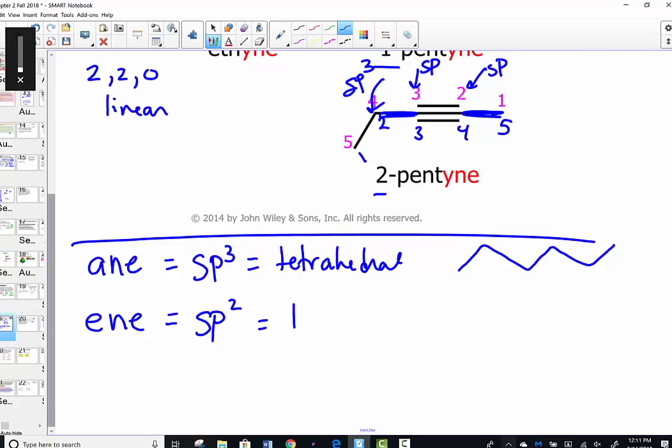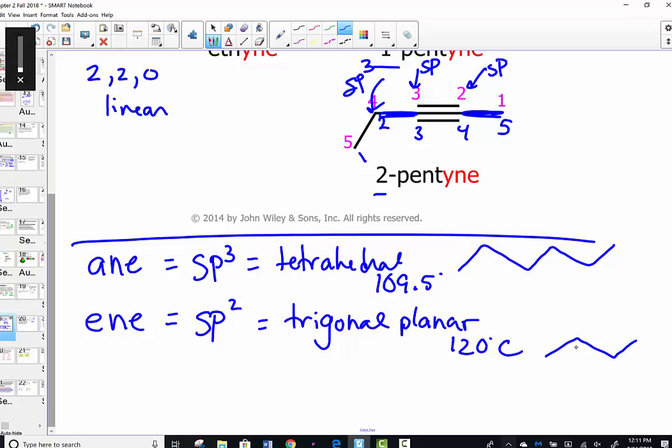That means it's trigonal planar, and that particular molecule has 120-degree bond angles, like an equilateral triangle. So when you start to see those molecules, you know that those are sp2 hybridized, 120.